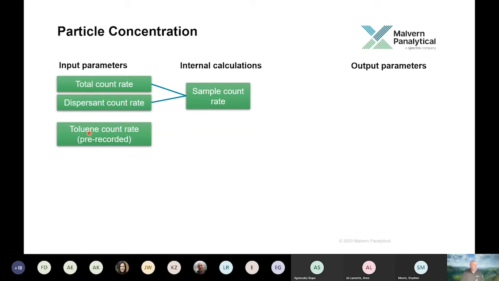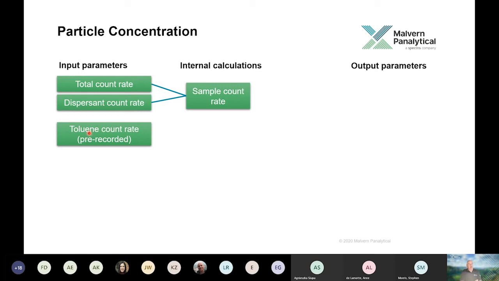Now, you might ask, why do we use toluene? Toluene is used as a scattering standard because its Rayleigh ratio is known. So every instrument that we manufacture, and all instruments manufactured at Malvern, UK, toluene is measured as part of the production process. And the scattering intensity of toluene is recorded in the instrument's electronics, so the value is always there.